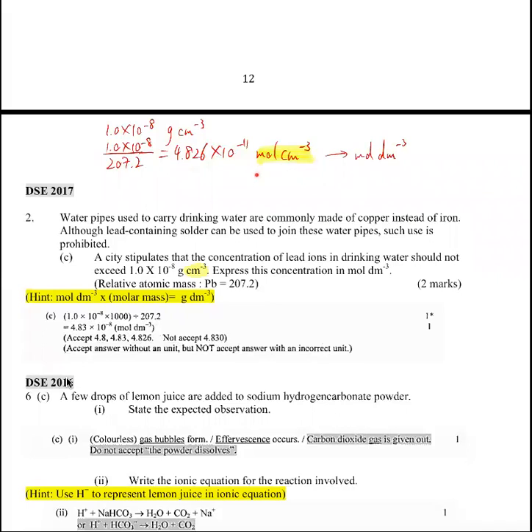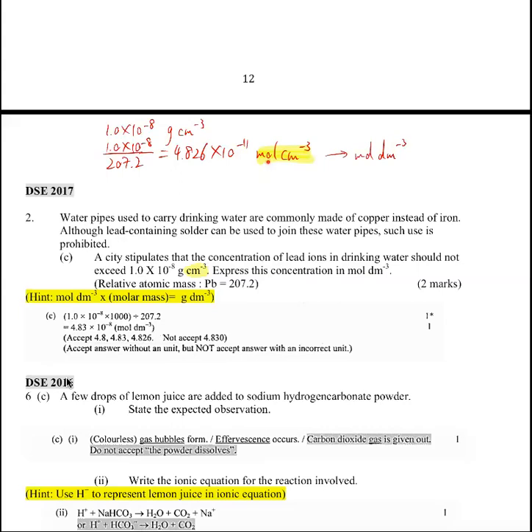If we want the unit in mole per dm cube, that means we need to express the number of moles in 1 dm cube. So which one is a larger unit, cm cube or dm cube? Of course it should be dm cube, which is a larger unit, isn't it? So you expect this number to be bigger than this one.